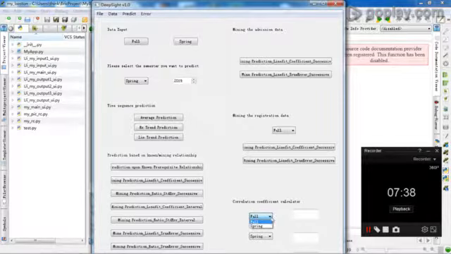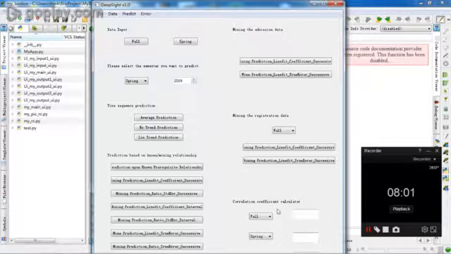Here you select the fall semester or spring semester, and here you input the names of the courses, and then you can calculate the coefficient between any two courses. This is the calculator. Using this, you can calculate the correlation of any two courses very easily.